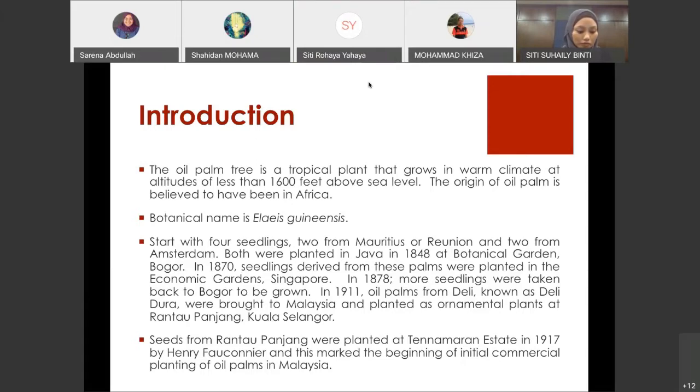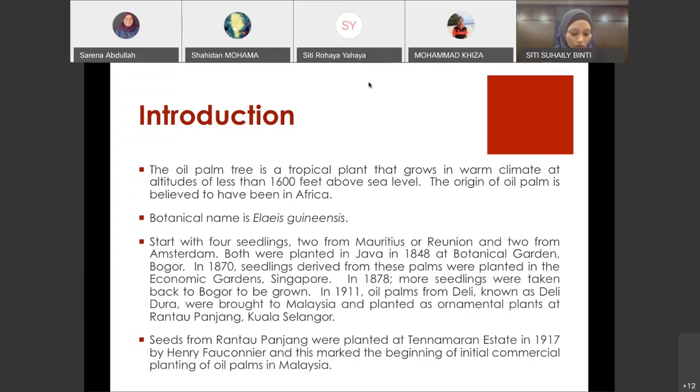According to the Malaysian Palm Oil Board, the introduction of oil palm in South Asia began with 4 seedlings, 2 from Mauritius and 2 from Amsterdam. Both were planted in Java in 1848 at the Botanical Gardens, Bogor, which is near North Jakarta. In 1870, seedlings derived from this palm were planted in the Economic Garden, Singapore.